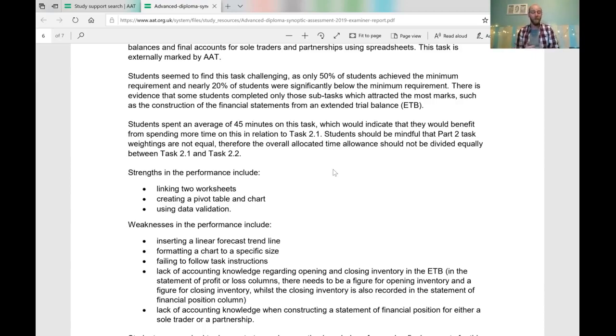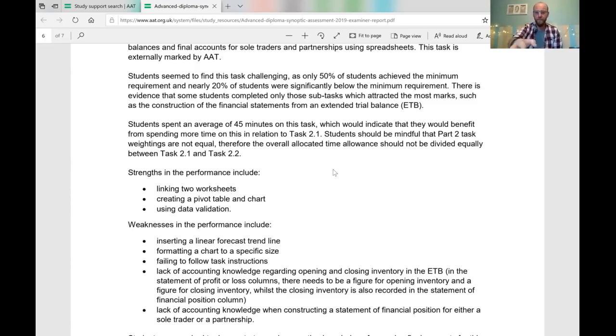That's really bizarre because there are aspects in the task such as formatting which are really straightforward to do that students aren't doing because they don't provide them with the most marks in terms of the overall marks, which is a bit of an odd thing. But again, is it down to exam technique? Are people being advised that should be the way forward? I'm not quite sure. If that's the case, I'm not sure whether that's good advice.